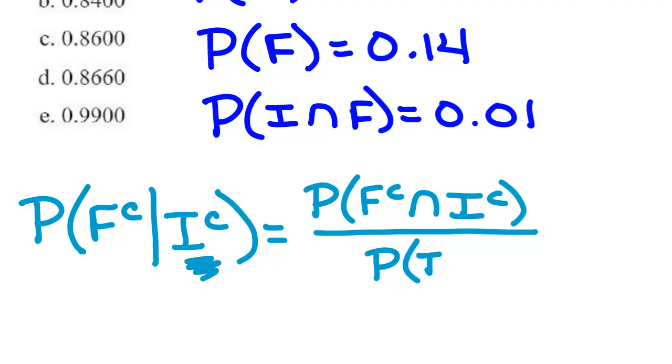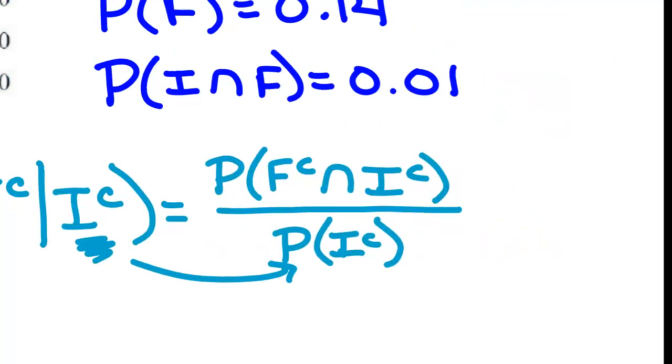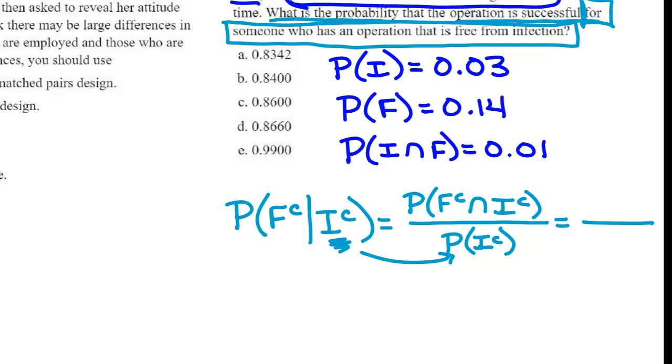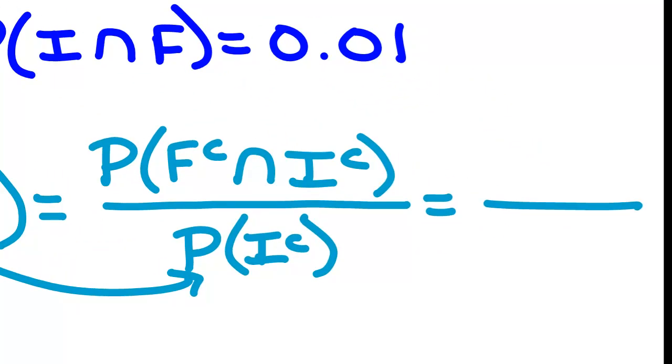In this case, that would be infection complement. Well, I know the bottom part pretty easily. If the probability of infection is 0.03, then what's the probability of infection complement? 0.97. Remember, an event and its complement always add up to 100%, so it's always going to add up to 1.